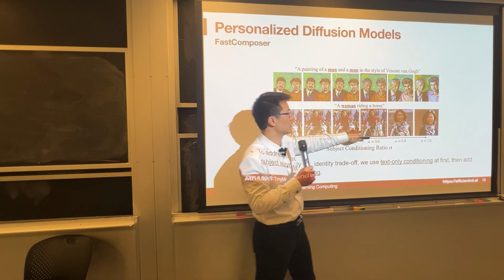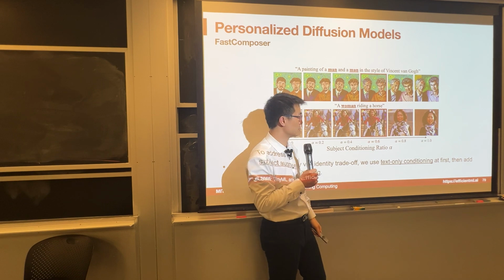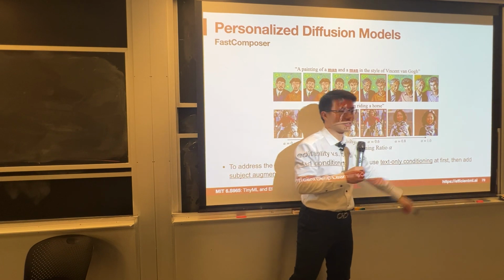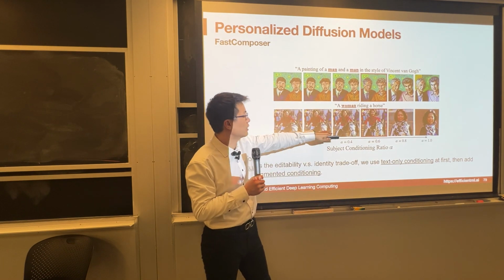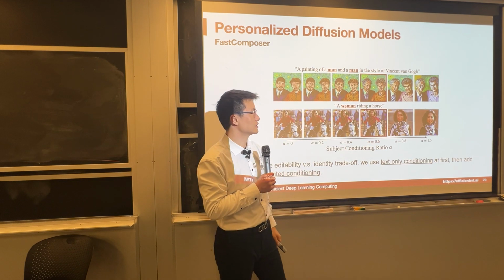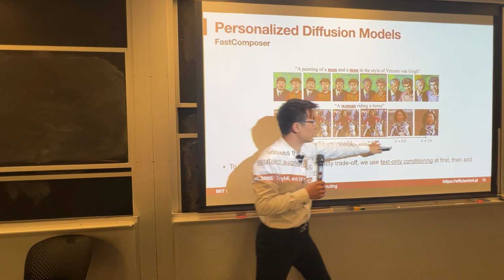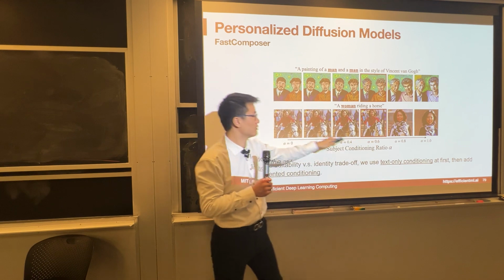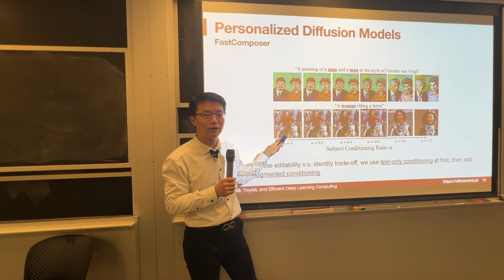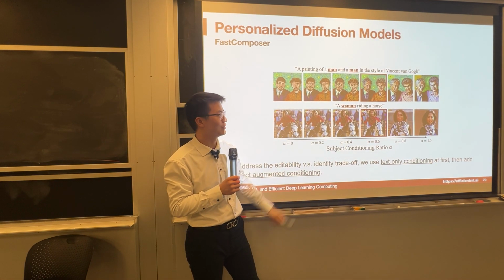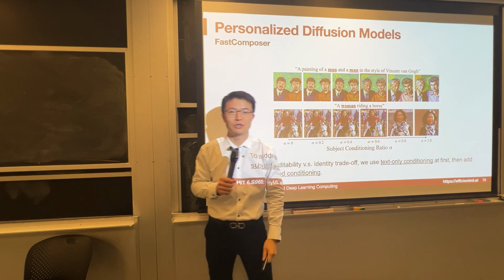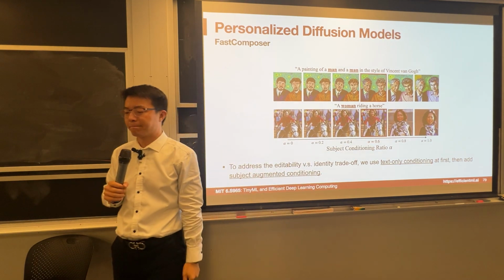But later we inject the subject embedding condition such that it looks like Fei Fei riding a horse. So there is a trade-off. If alpha is too large, it looks like Fei Fei. If alpha is too small, it looks like a horse, but doesn't look like Fei Fei. Only something in the middle gives a great trade-off.